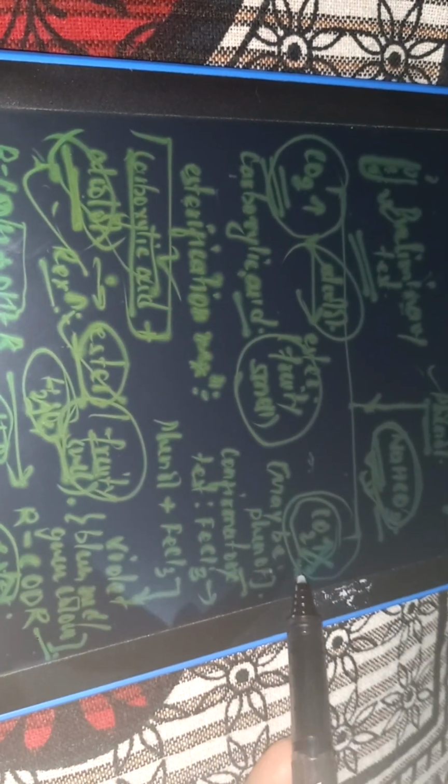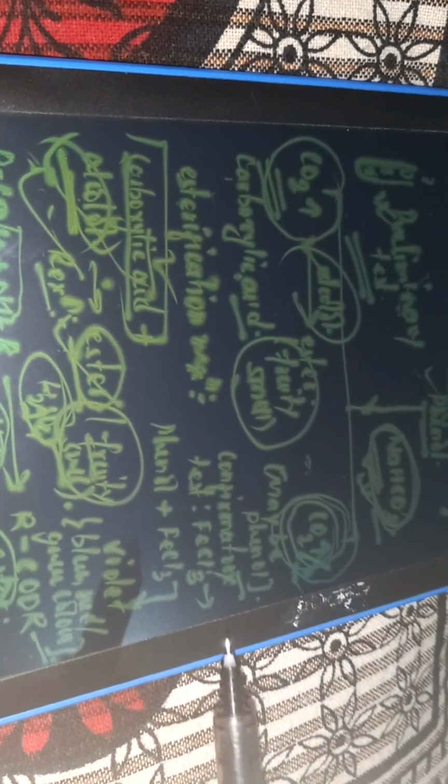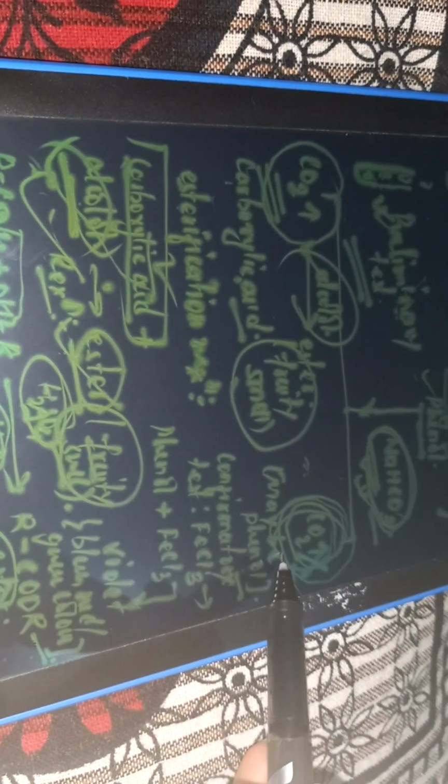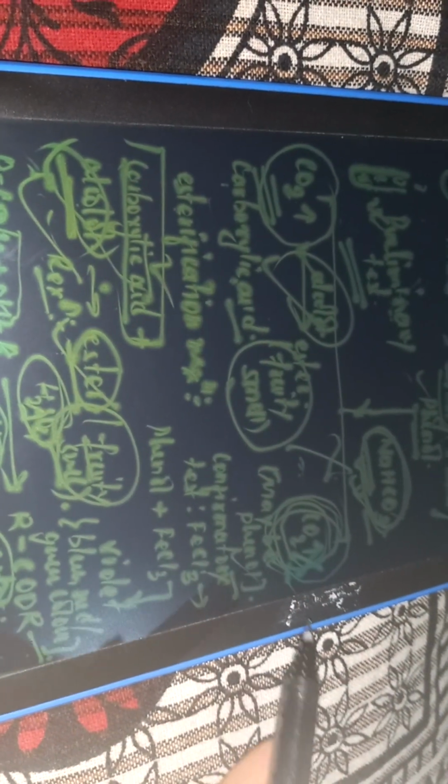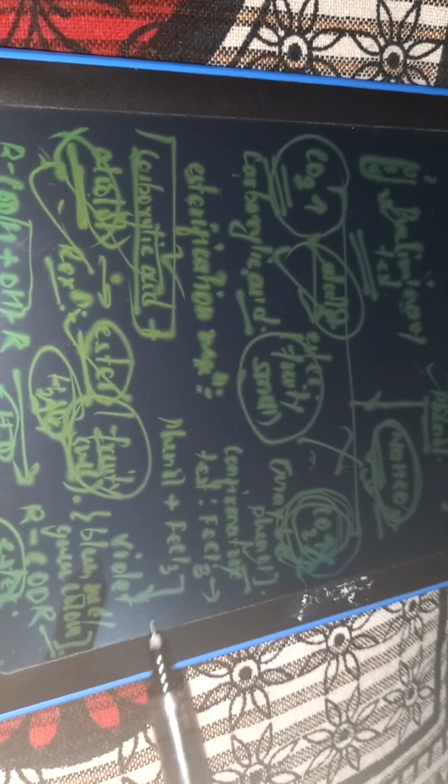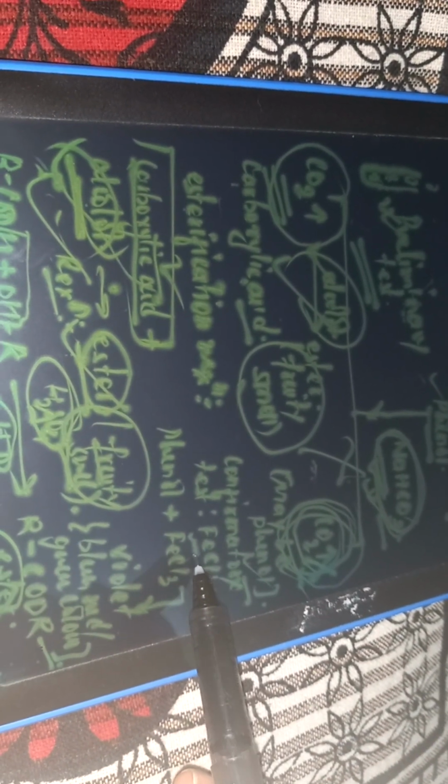Likewise, in the other case, if CO2 is not evolved, then you have to confirm in your brain that it is phenol. The phenol confirmatory test is FeCl3, ferric chloride.